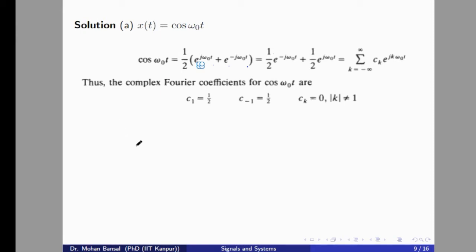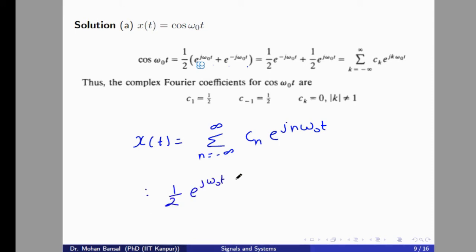And we know any complex Fourier series x(t) can be represented by summation of n equal to minus infinity to infinity cn e to the power j n omega naught t. This is the procedure by which we can find the complex Fourier series. Now, what expression do we have for cos omega naught t? This is nothing but half of e to the power j omega naught t plus e to the power minus j omega naught t. If we substitute n equal to 1, we get c1 e to the power j omega naught t.